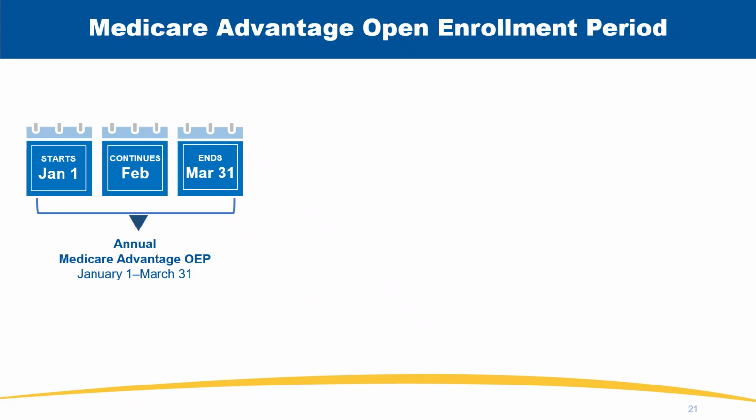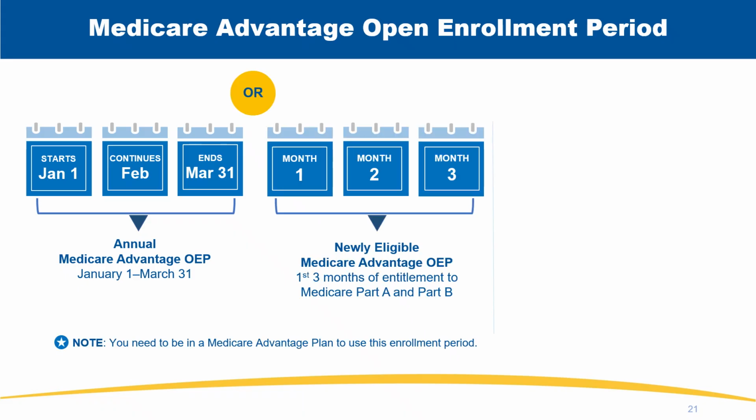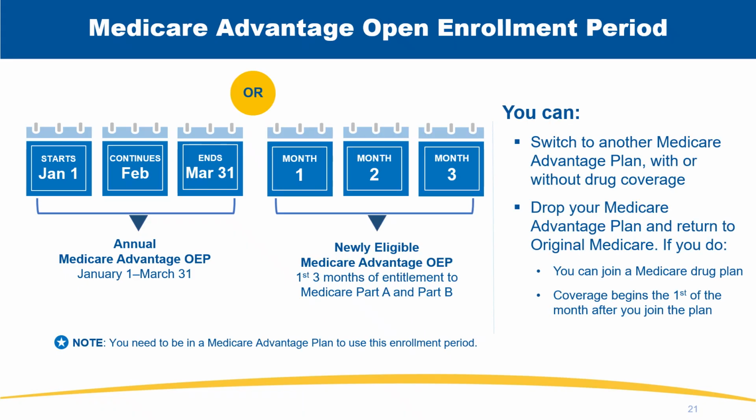Now, the Medicare Advantage open enrollment period is another opportunity to switch to another Medicare Advantage plan with or without drug coverage. Drop your Medicare Advantage plan and return to original Medicare. If you do, you can join a Medicare drug plan, and coverage begins the first of the month after you join the plan. So this is designated for those who are already enrolled into a Medicare Advantage plan.